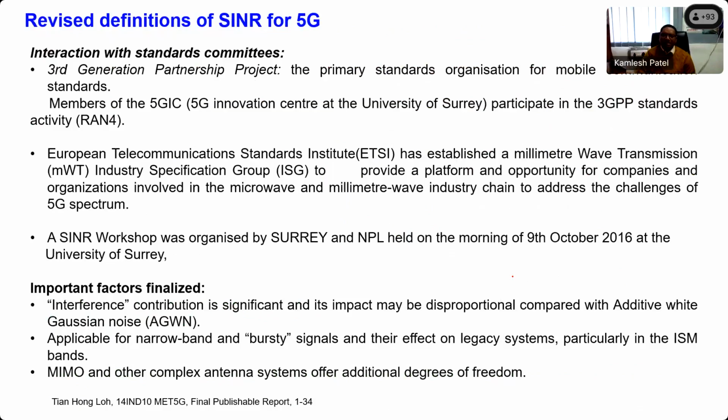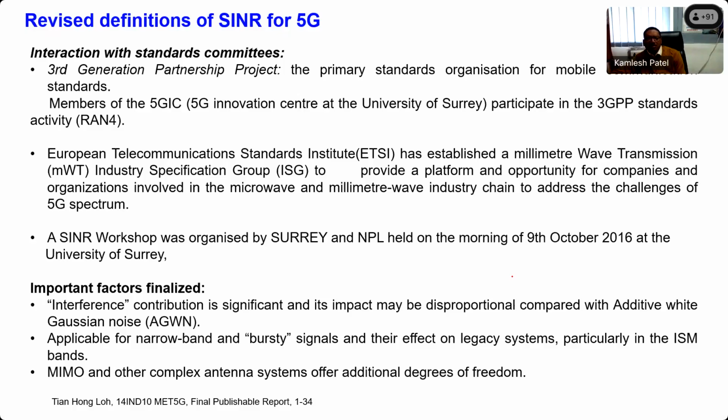So by performing all these studies, a new definition for the SINR is defined for the application of 5G devices or the network. In defining the SINR, three different committees were involved. The Third Generation Partnership Project committee, which has a separate committee to define the SINR; number one, the 5G Innovation Center at the University of Surrey.